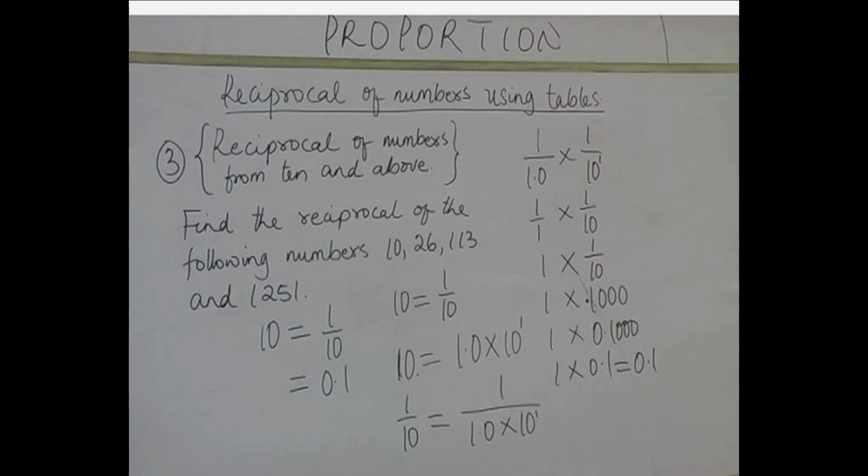We added the point before the first digit because it is a number from the reciprocal page of the four-figure table. Before we boil down to having 0.1 as the reciprocal of 10, corresponding to the value we had when we used the calculator to find 1 divided by 10.